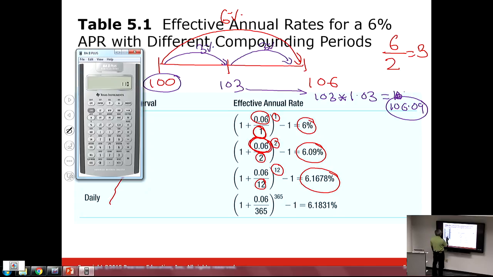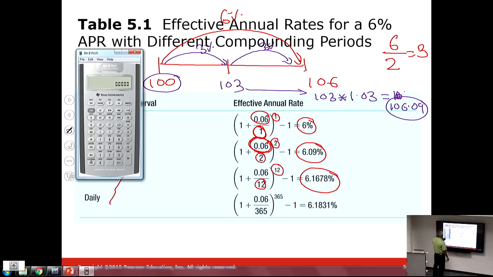So 106.09 is my future value, 100, change sign, present value. N is equal to 1, compute IY. My effective interest rate is 6.09%.